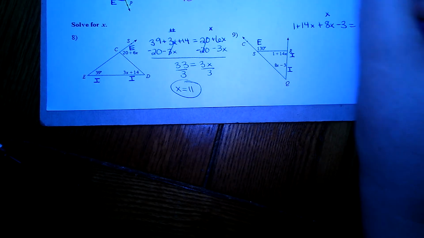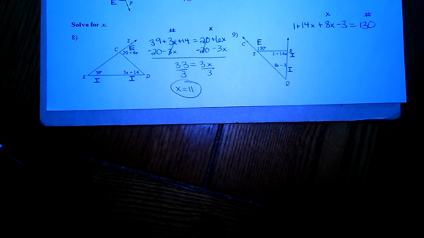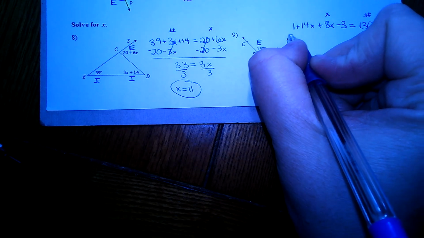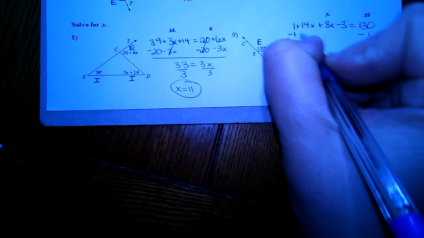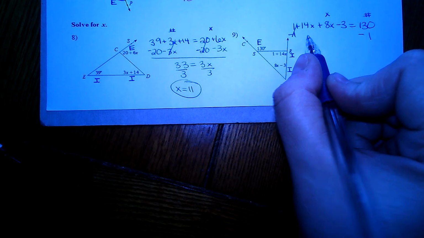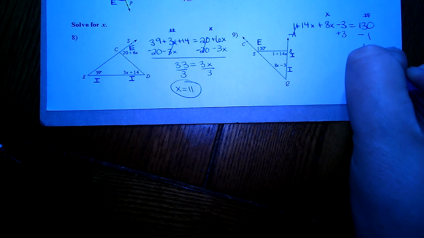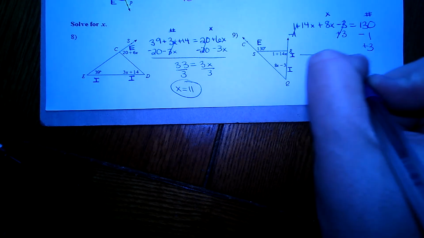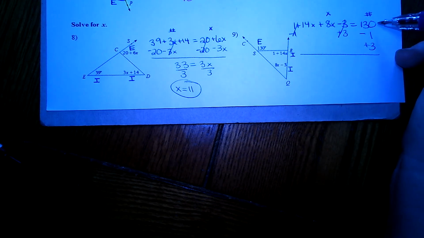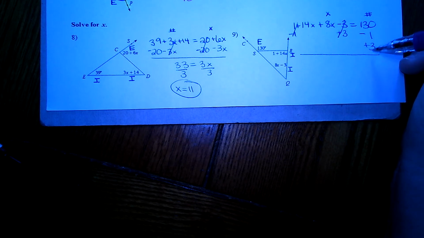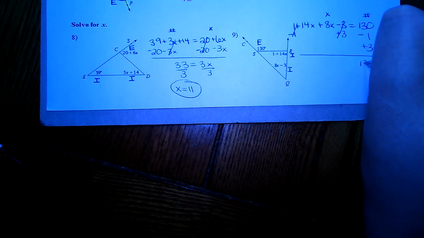I'm going to make the left side my x side and the right side for numbers. So I need to move over the 1. I can leave 14x, I can leave 8x, I need to move over the 3. 130 take away 1 plus 3 is 132.